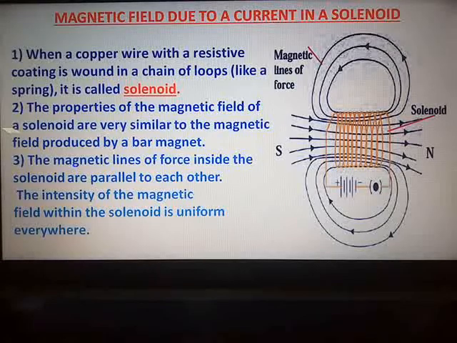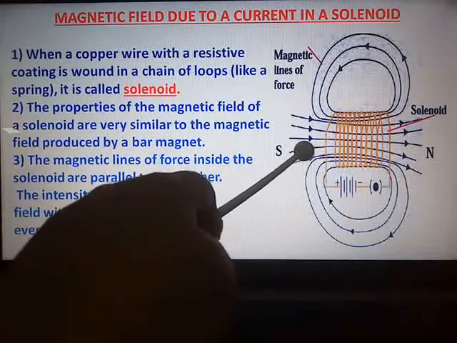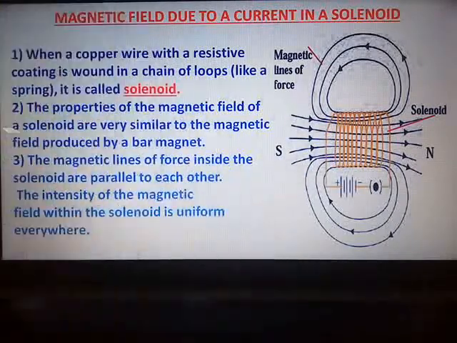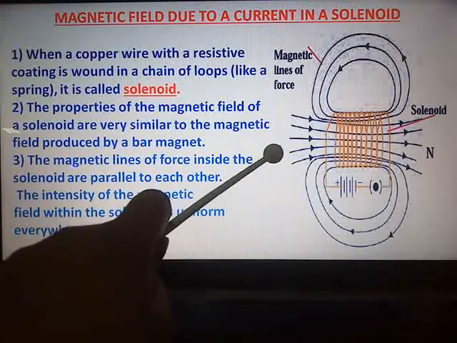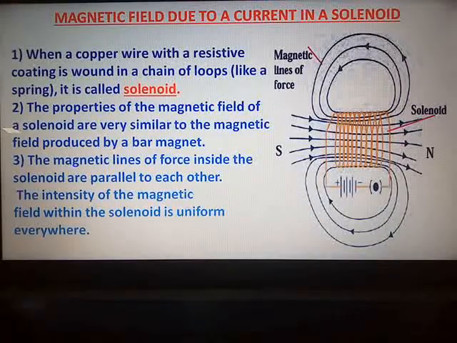Now here you can see the magnetic field lines in a solenoid through which current is passing. These lines are similar to the lines of a bar magnet. You all know what a bar magnet is. One end acts as the north pole and the other end acts as the south pole, and hence the solenoid has all the properties of the magnetic field produced by a bar magnet.